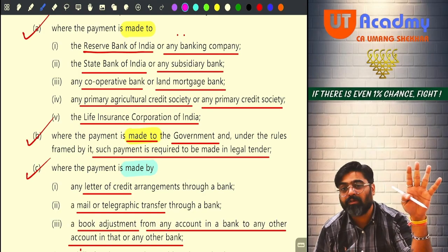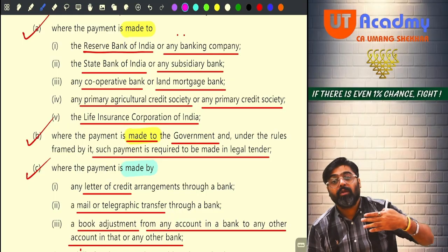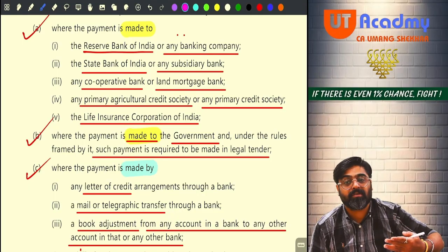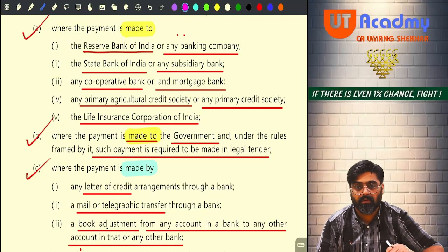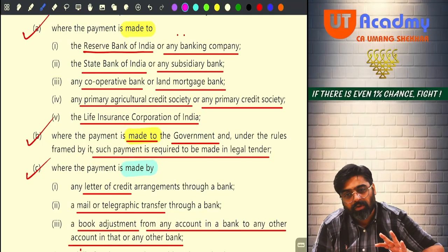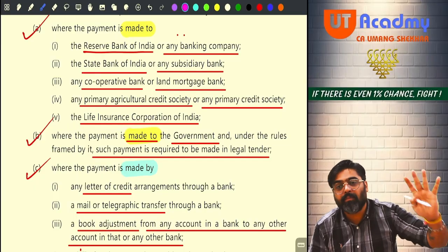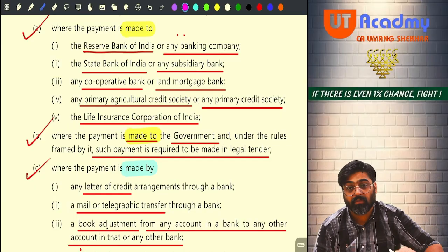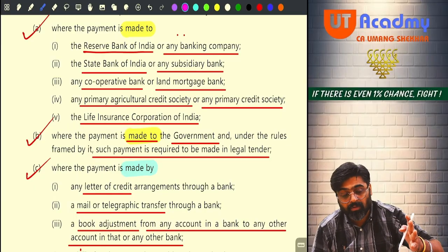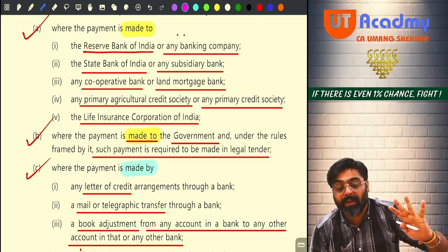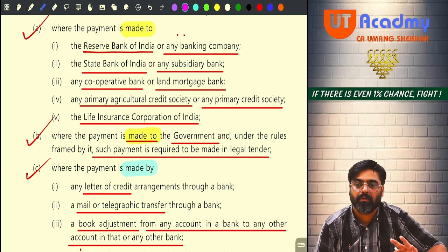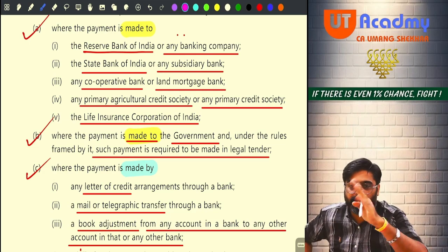If you are making the payment for your business or profession expense to any of these persons, then you can make that payment by any mode. Not even in prescribed modes, then also no problem. Pay by any mode to these persons. That payment will be allowed.